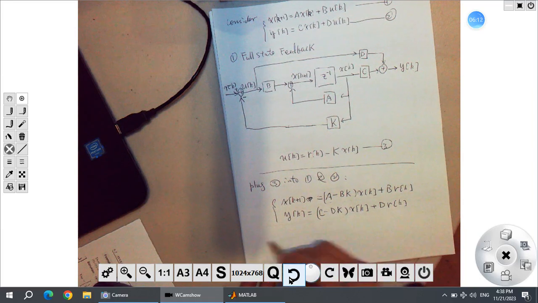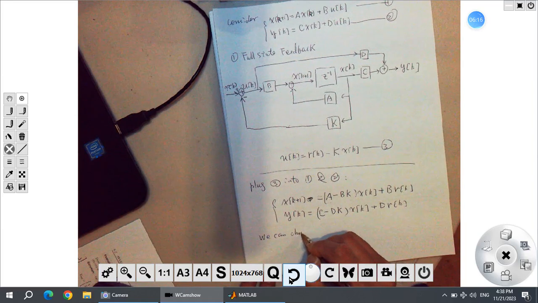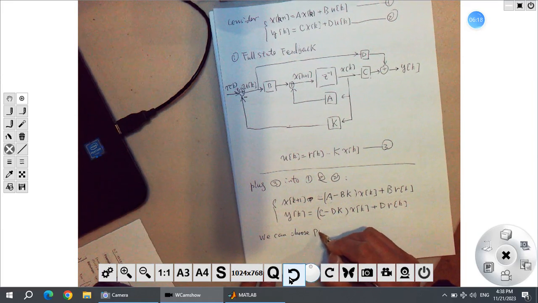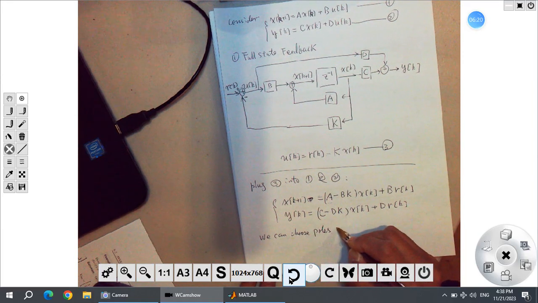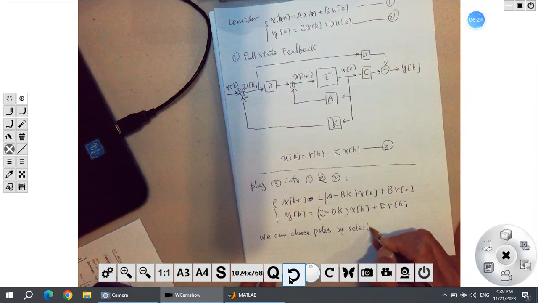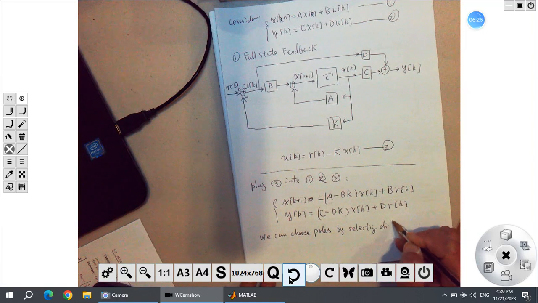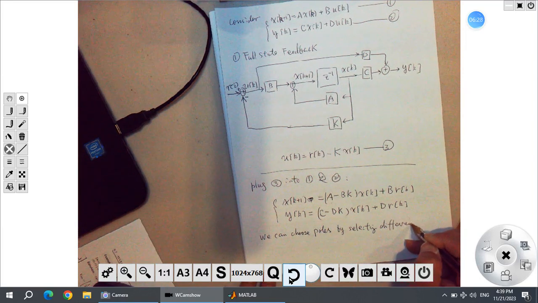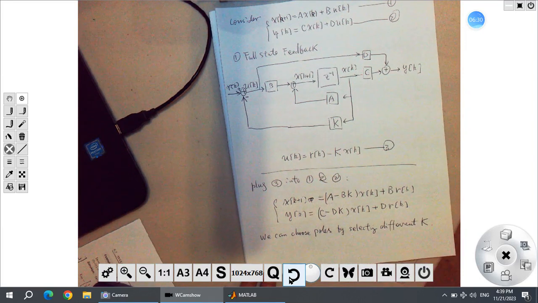So we can choose poles by selecting different K. You choose different K, then you can choose your poles.